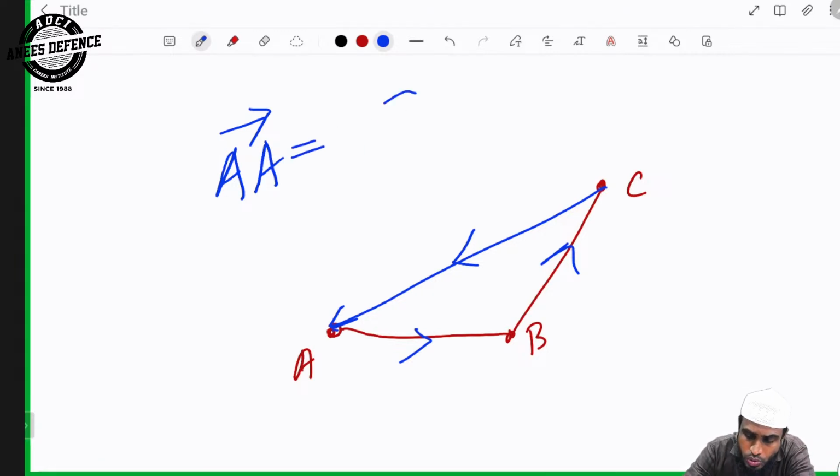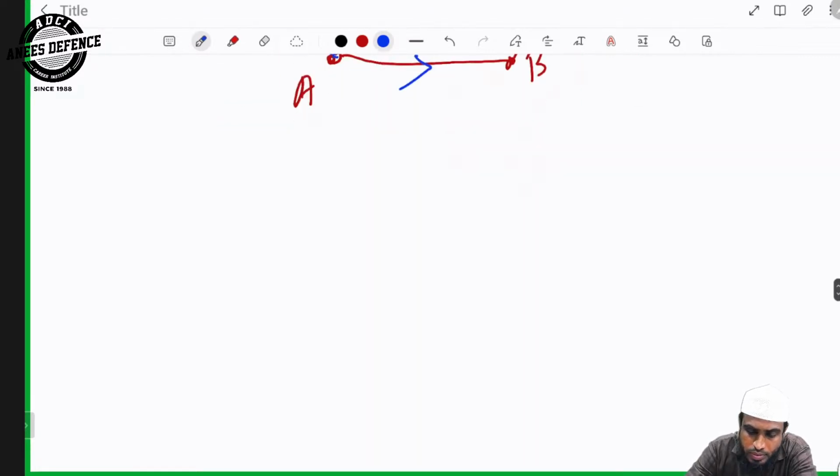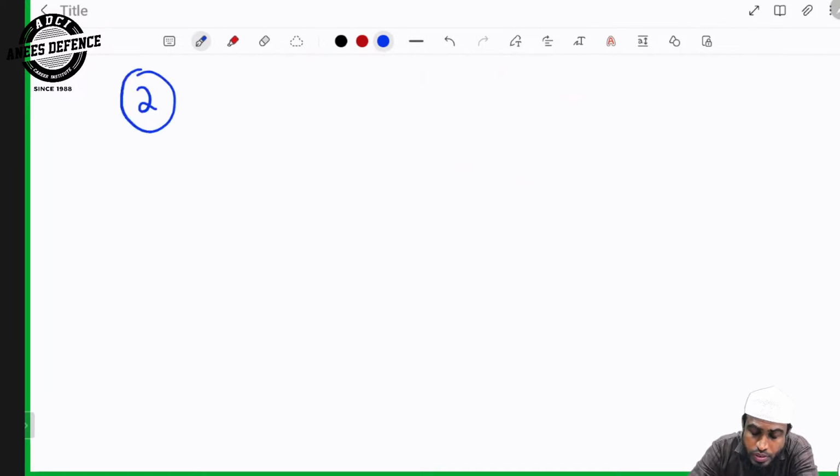So here also the magnitude is 0. So this is called the null vector or zero vector. Another one, equal vector.